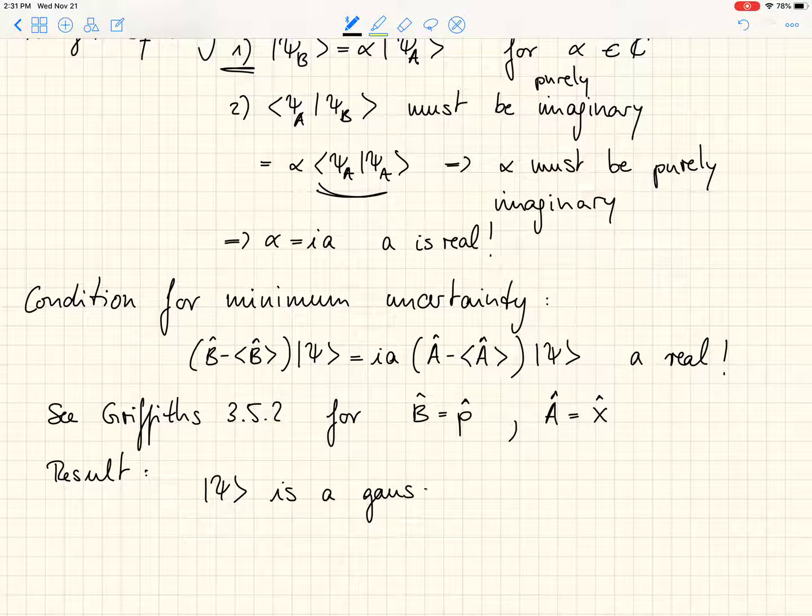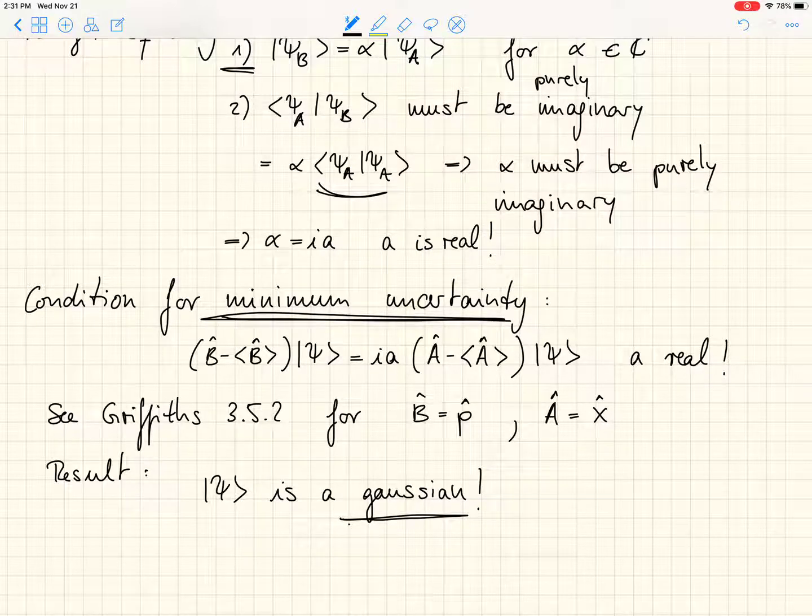So you can convince yourself that the Gaussian is the shape for a wave function or a quantum state that will give you minimum uncertainty when you're thinking of measuring position and momentum. And the Gaussian is, of course, something that we have explored when we discussed one-dimensional potentials. Okay, so that's it.